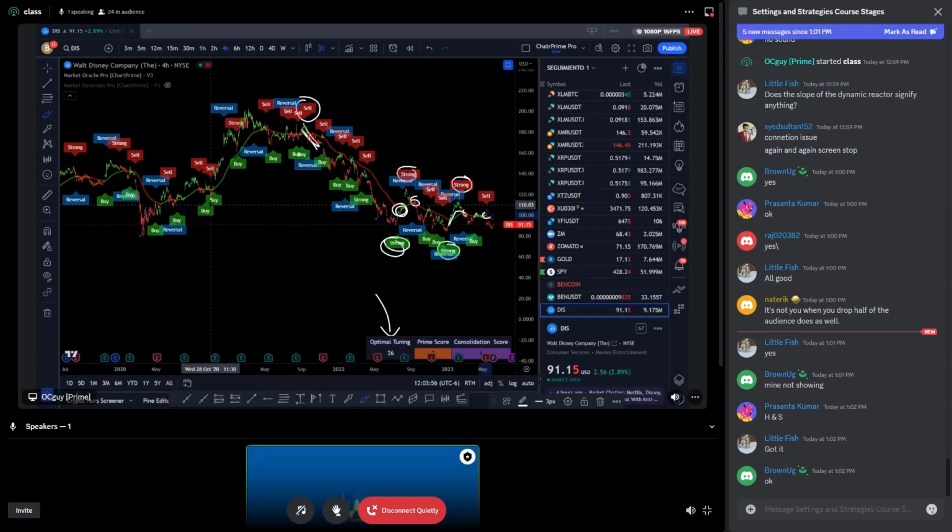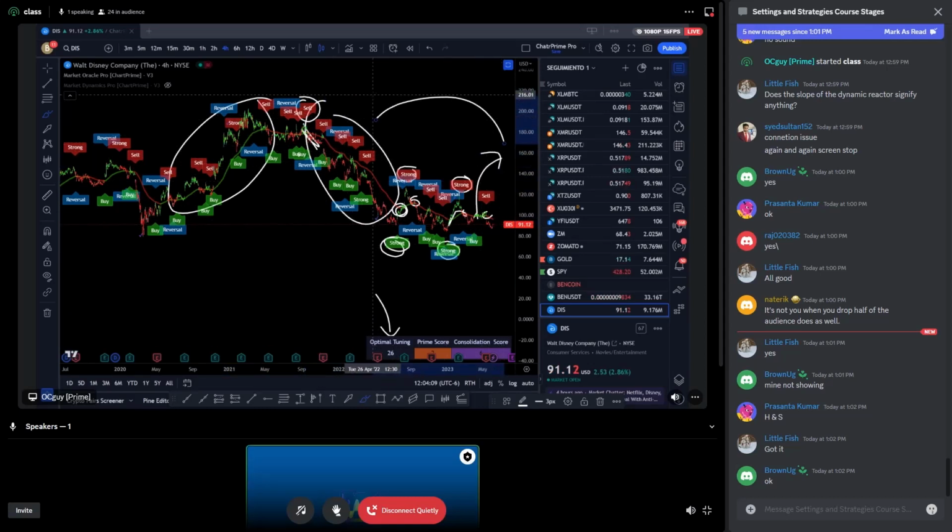My dynamic reactor is how I'm going to define my trend, especially when I see big trends like this one and this one. Why? Because whenever it comes in the future, I already know how it reacted in the past, so that is a good scenario to analyze based on previous reaction.